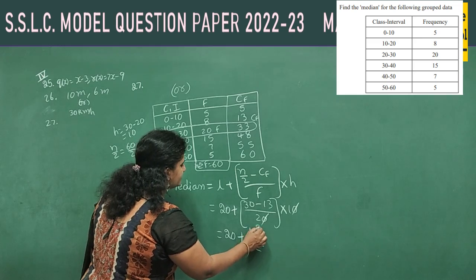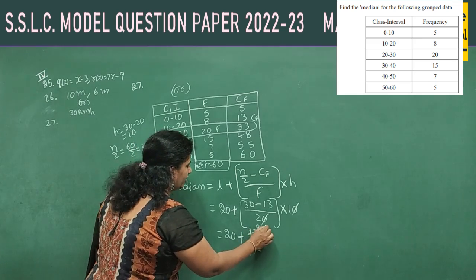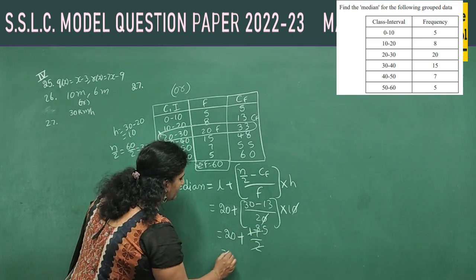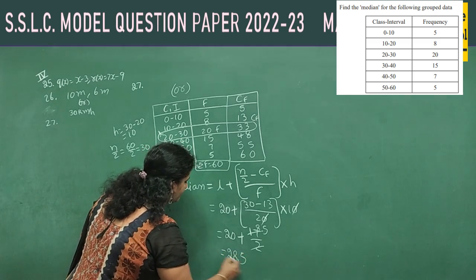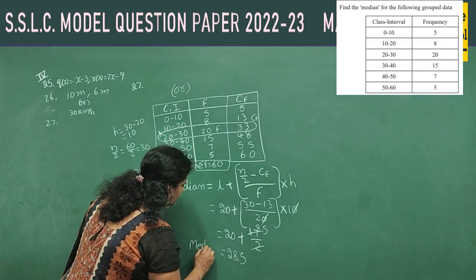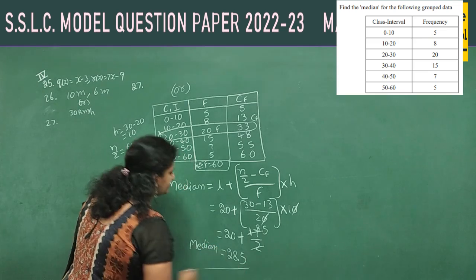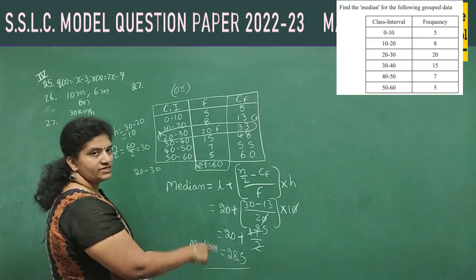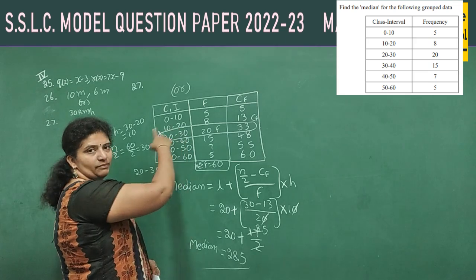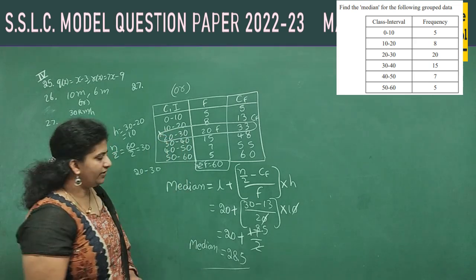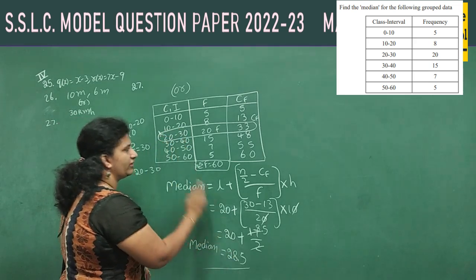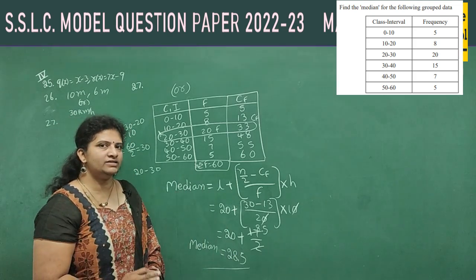Cancel. 2 8s are 16. 0.5, 5s are 10. Add. 28.5 is the median. See, you can check whether your answer is right or wrong. That answer should be there in the median class interval. Right? 20 to 30, 28.5 will be there. So what you have done is right.